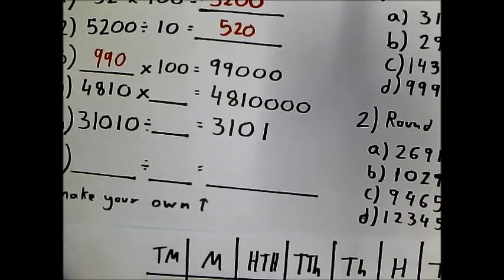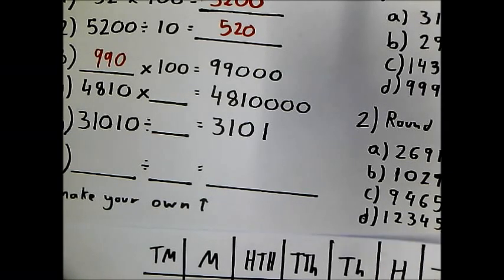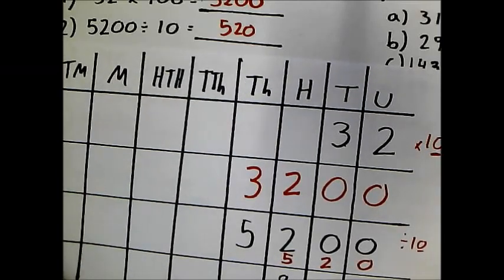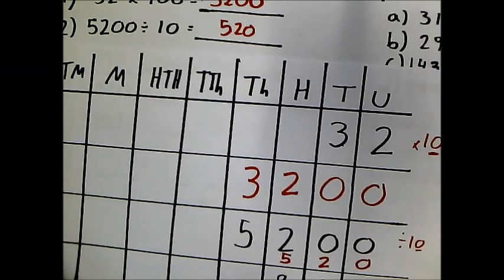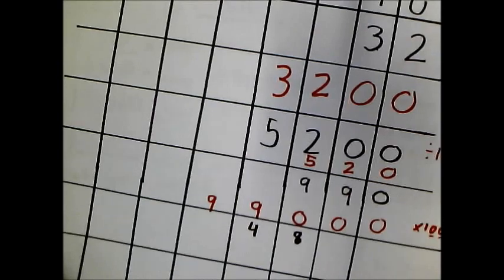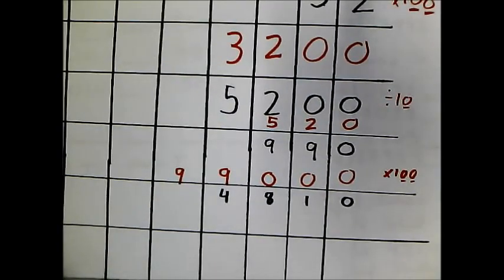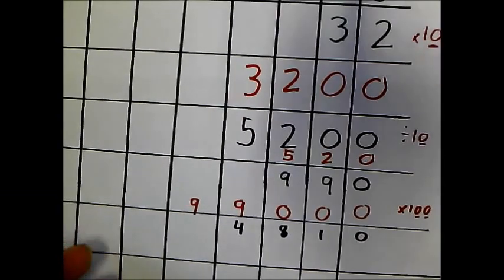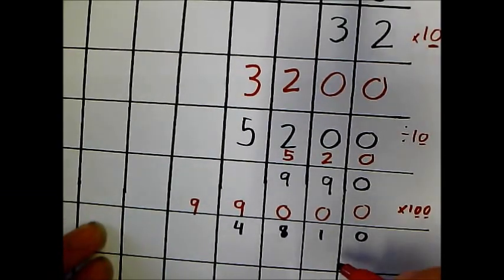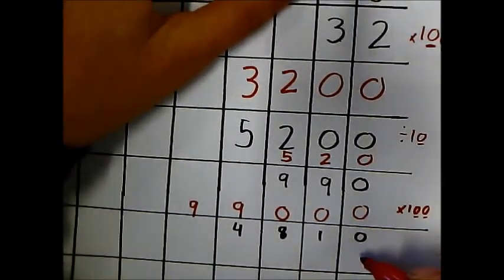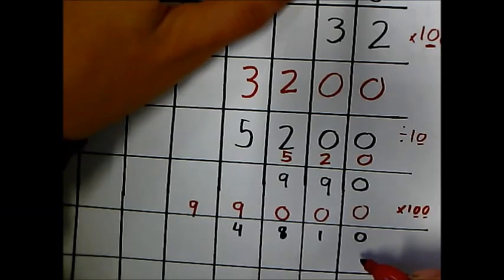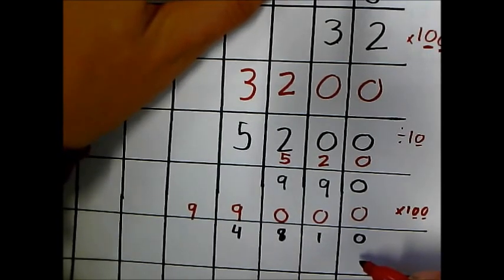Okay, so this time I've got a question and an answer, but I don't know what it's been multiplied by. So I started off with 4,810. And my answer is, let's see, that's going to be 4,810,000.